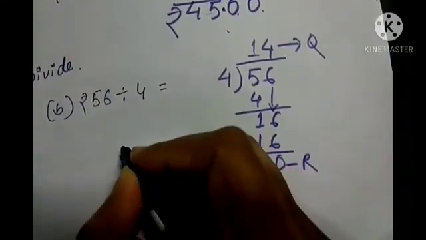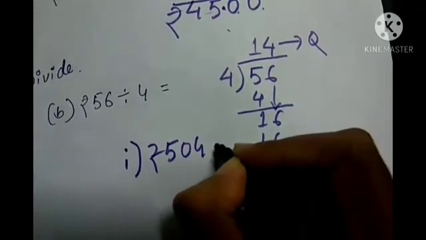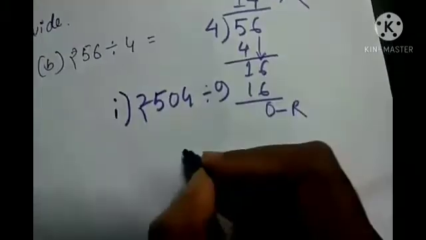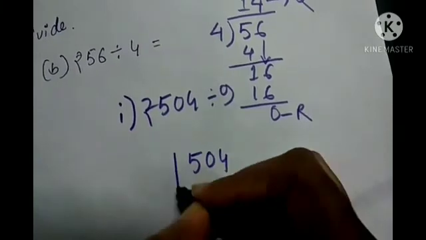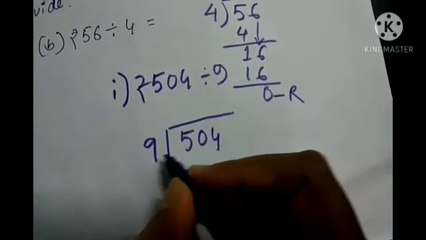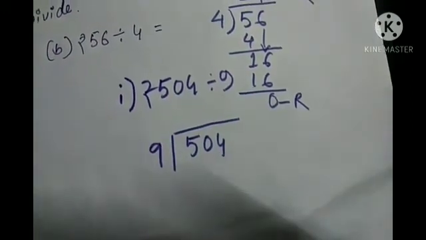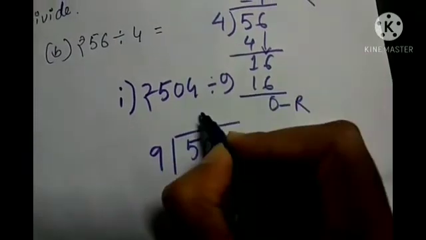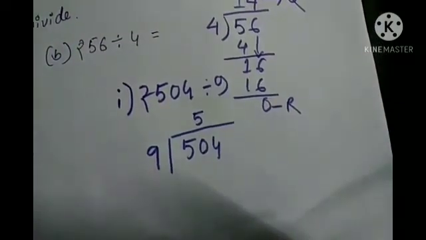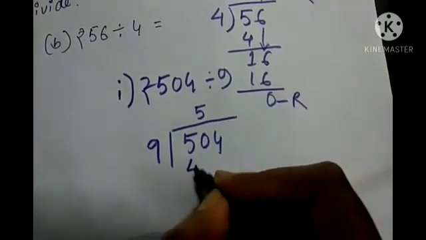And I think you can do it if it is given for 3 digits also. Suppose I show you part I, rupees 504 divided by 9. You have to do 504 and 9. You cannot consider 5 because 5 is less than 9, so you have to consider 50. Now if we think of the 9 times table, it will go 5 times, because 6 nines are 54, which is greater. So 5 nines are 45, right?